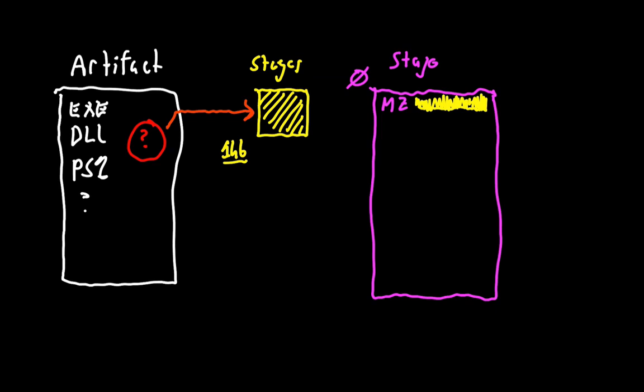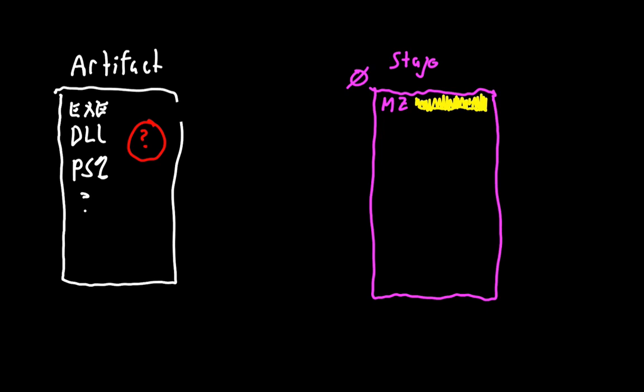But right now, I just want you to be aware that when you have an artifact that contains a stager, what is shipped with that artifact is, well, the stager, not the payload. And that is beneficial when you are dealing with size constraints. Now, the other option is to skip the stager altogether and to not embed that into your artifact, and instead, to embed the entire payload itself.